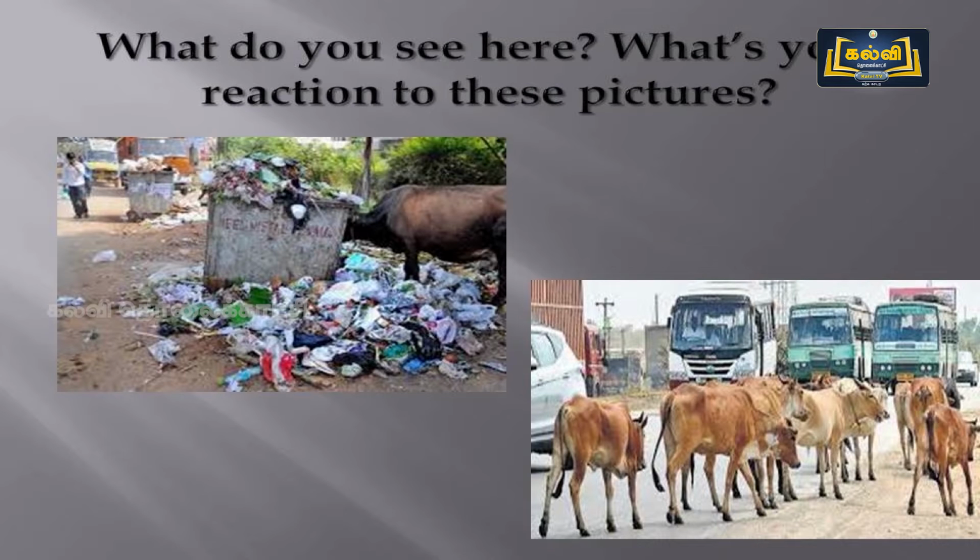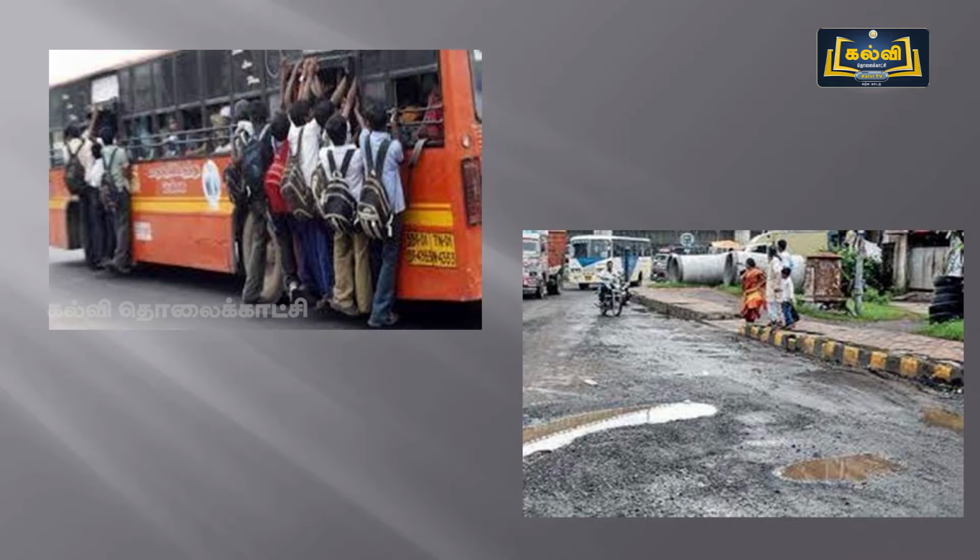And you just see the pictures on the screen. You can see a few pictures there. A cow stands near the garbage, and there are 3 buses running, and on the main road you can see cattle walking, and you also can see that there are students who have to travel inside the bus.